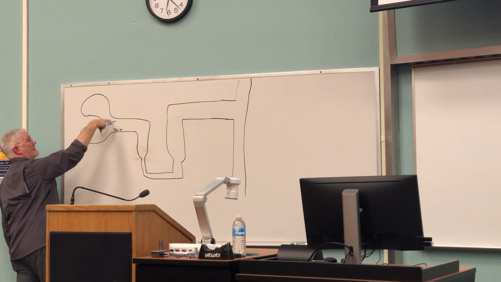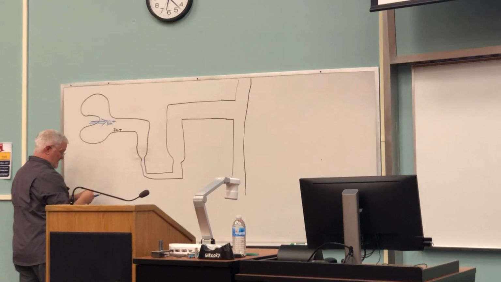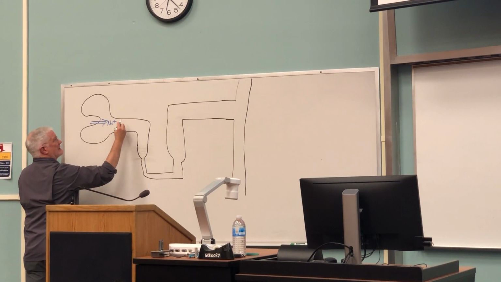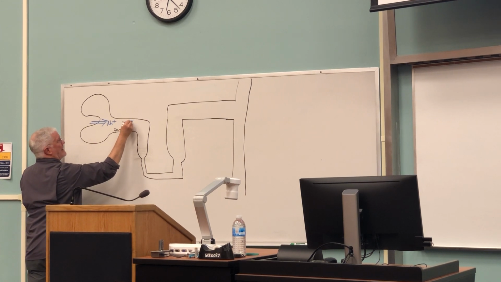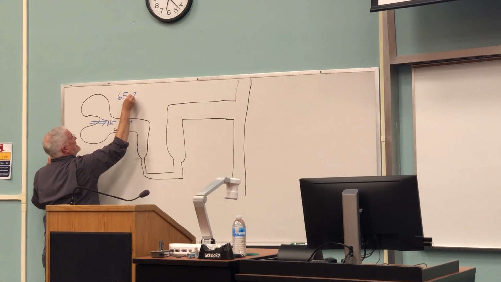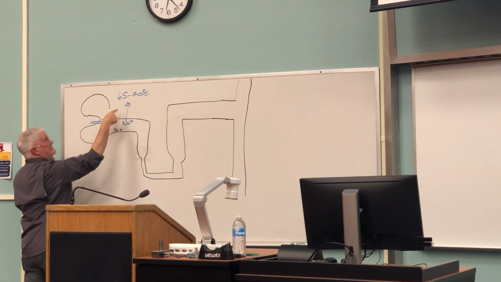How much of this sodium that got filtered is going to go into my peritubular capillaries. And of that amount, you're looking at about 65 to 70% of all the sodium that got filtered in gets reabsorbed right here.